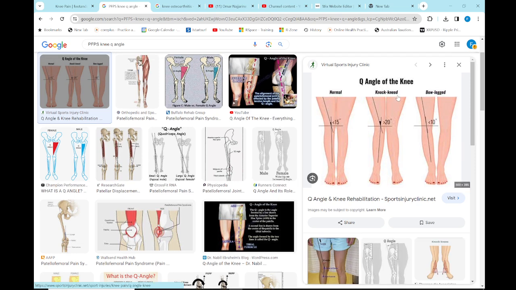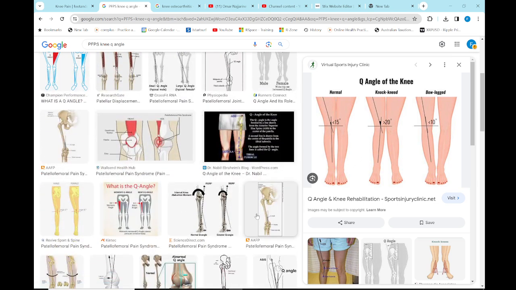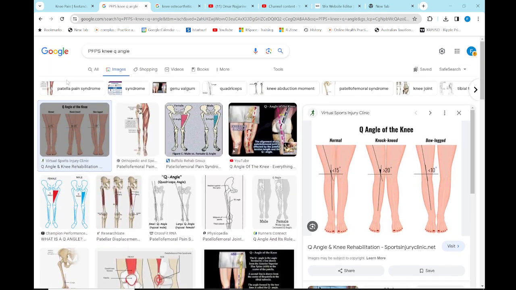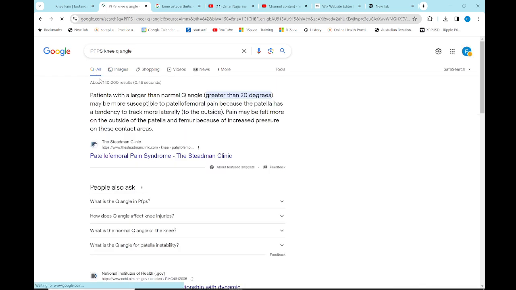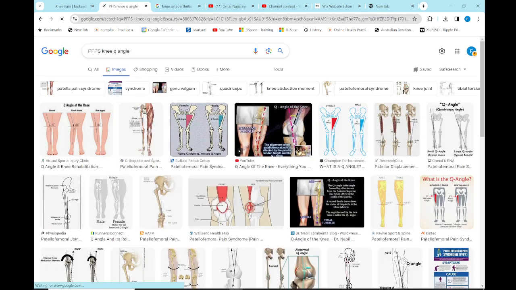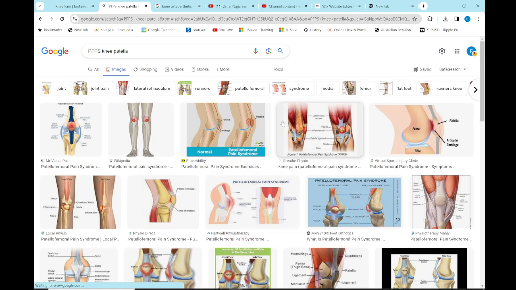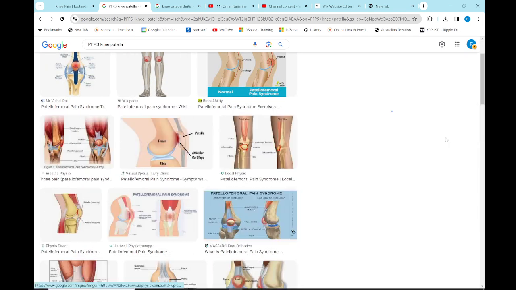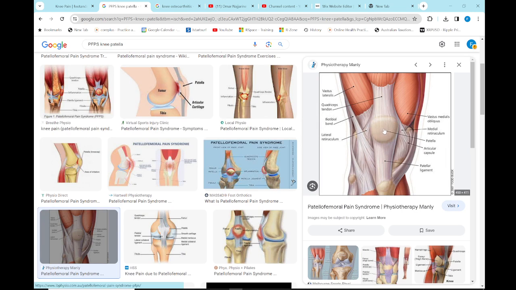So we check if they're normal, knock-kneed or bow-legged, how much deviation there is of the knee, and whether they fall within normal limits. Another important aspect I've generally found is looking at the patella, the bone at the front of the knee, to check its tracking, to see which way it is moving, more towards the lateral side or the inside, and how that relates to foot position.